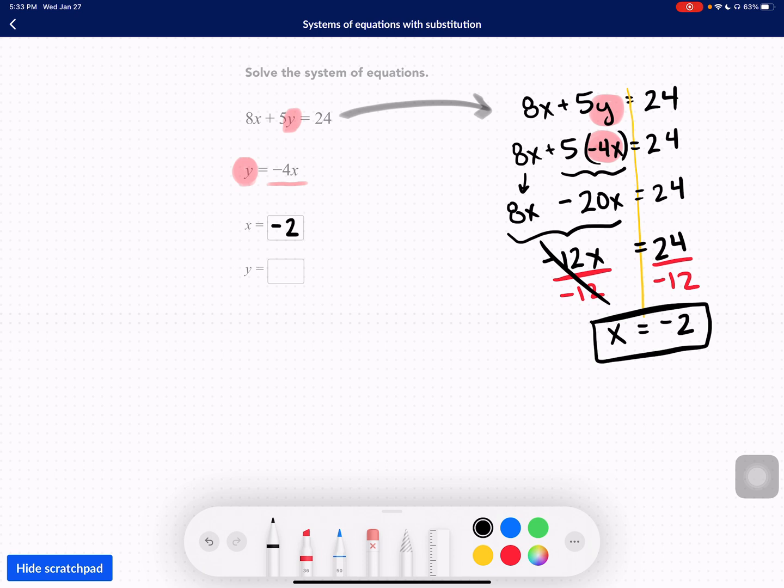And now I have to solve for y, and it's super convenient because this one already tells us that y equals negative 4x. And now we know that x equals negative 2. So we're going to plug in negative 2 for x.